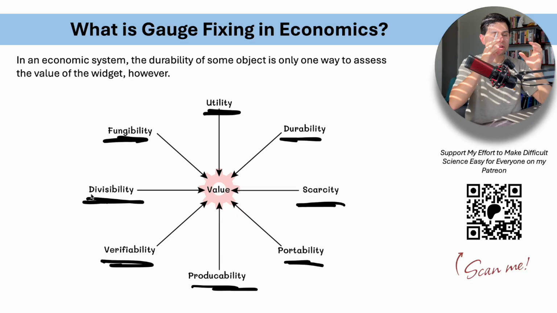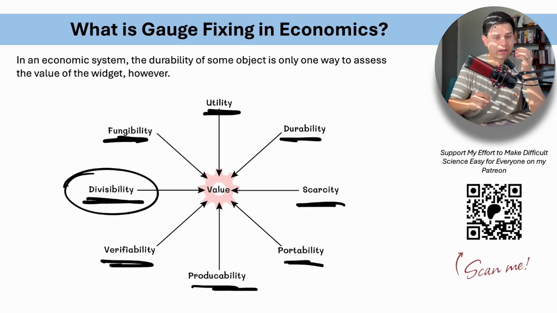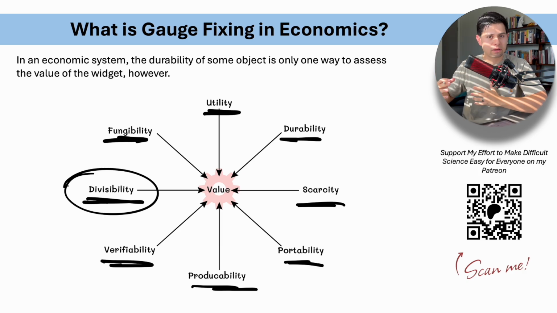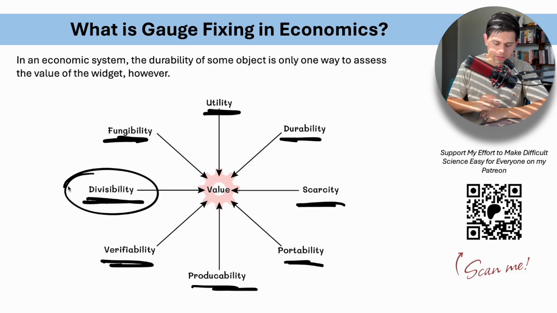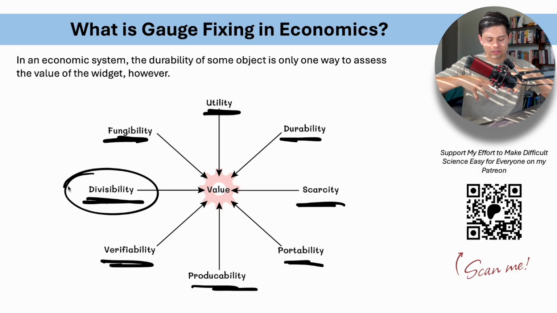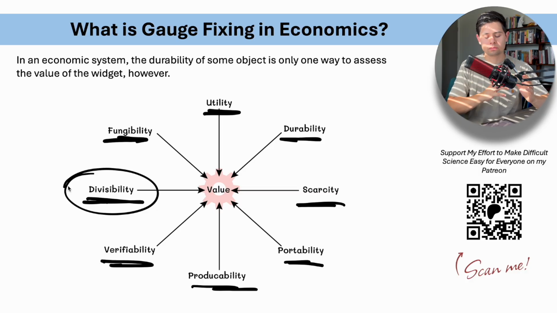So the value of that painting is very high because of this divisibility factor. Probably it's very hard to remake that painting exactly as it looks, right? So all of these factors, and you could list a huge list of things, contribute to the overall value of some object.